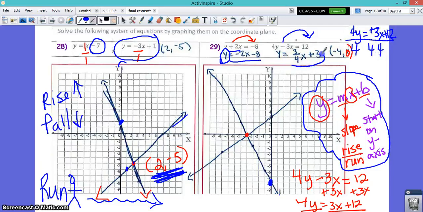That's how you get y = 3/4x + 3. So again, you start on the 3, you go up 3 over 4, or if you run out of room, you go down 3, back 4. And this right here is where they meet, at (-4, 0). Okay, let's go on.